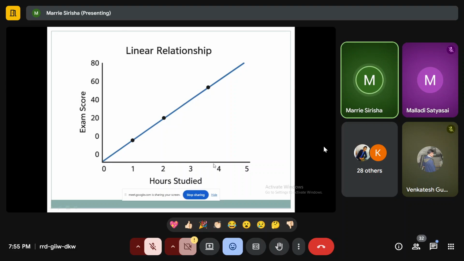And if he studied for 3.5 or 3.7 hours, somewhere between 40 to 60. If he studied for more than 5 hours, the score goes up gradually. So this is how it works. It is a linear relationship, which tells the relationship between input features and output, right?